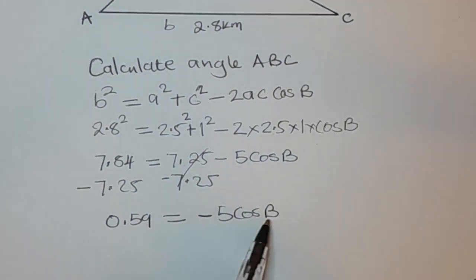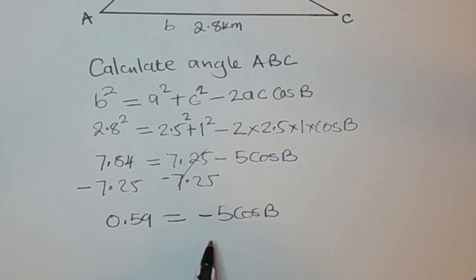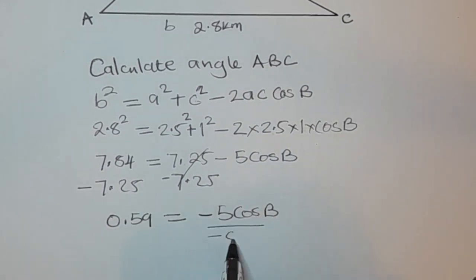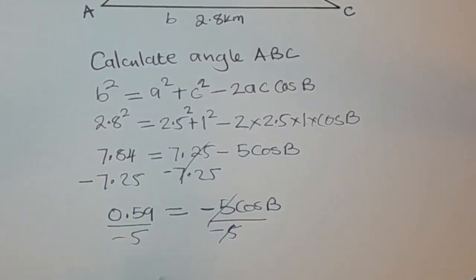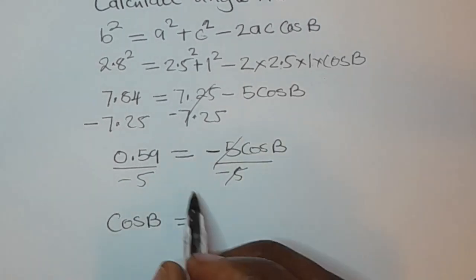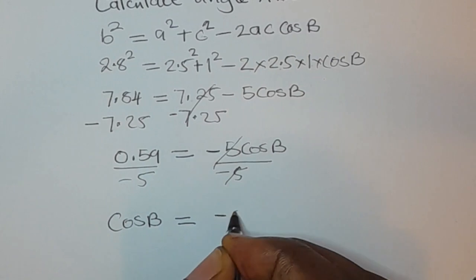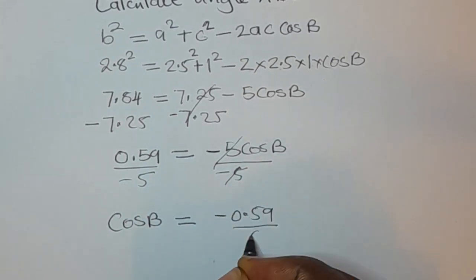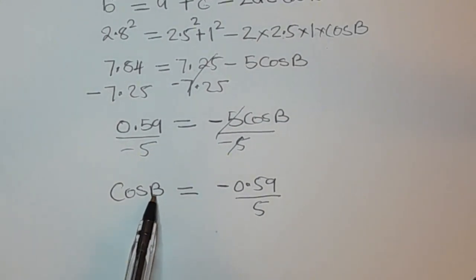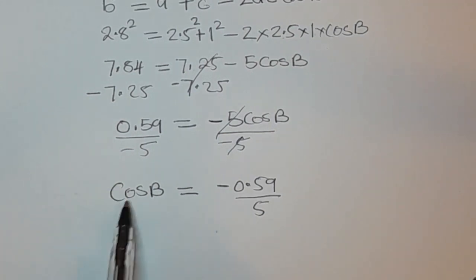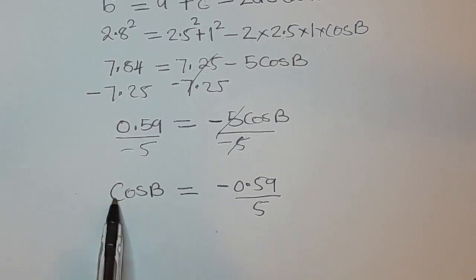Okay? Our aim is to remain with the cos B. So we are going to divide both sides by negative 5. So the negative 5 will divide, then what will remain is cos B. So we'll have cos B is equal to negative 0.59 over 5. So for us to find what angle B is, we are going to take cos inverse on both sides.